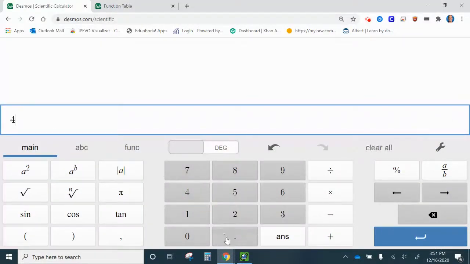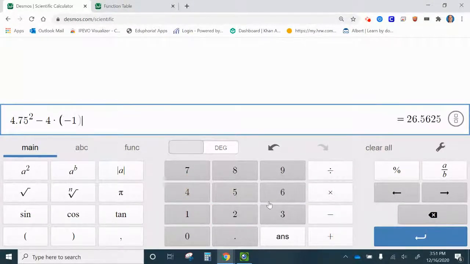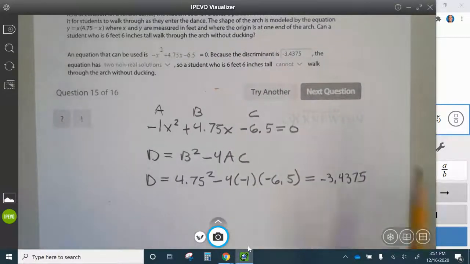Okay, so that's 4.75 squared minus 4 times parentheses negative 1 parentheses negative 6.5, which is negative 3.4375. Okay.